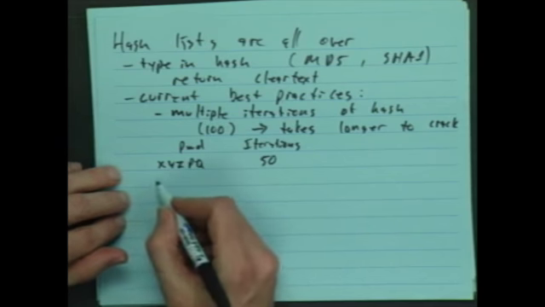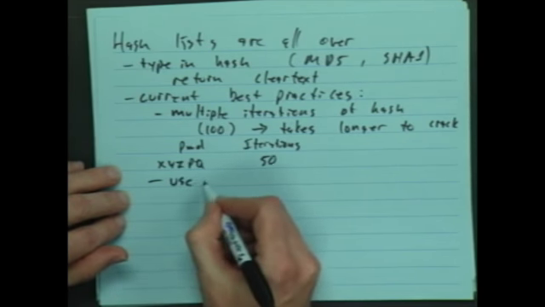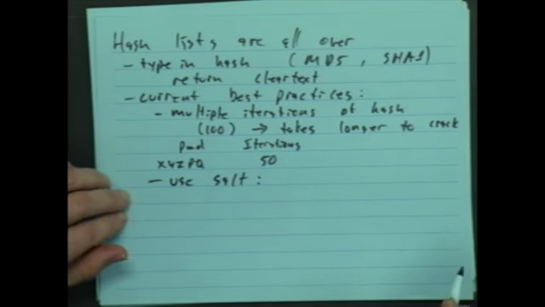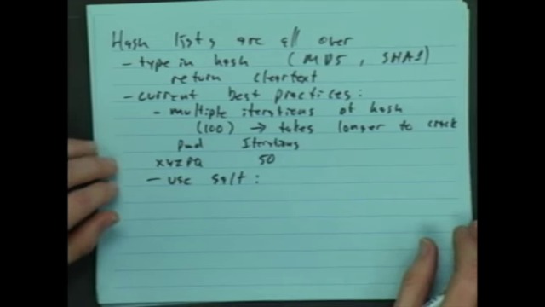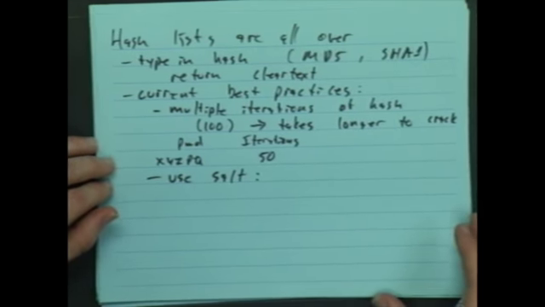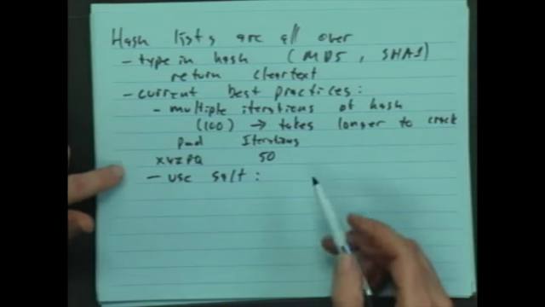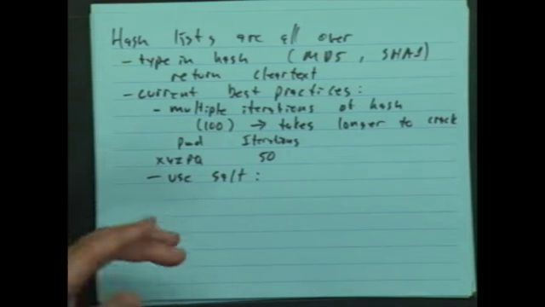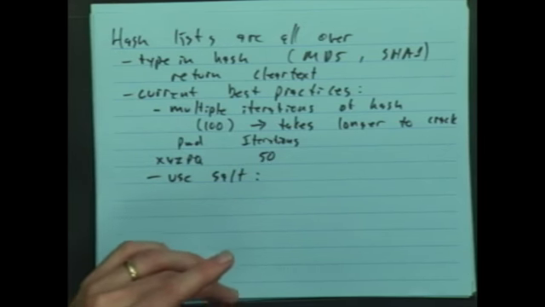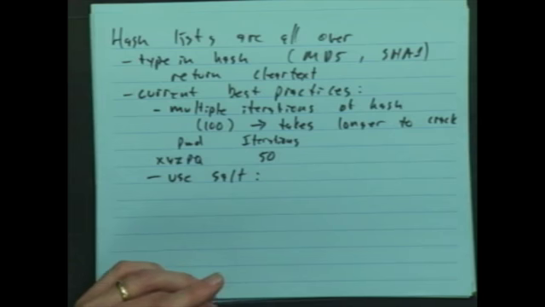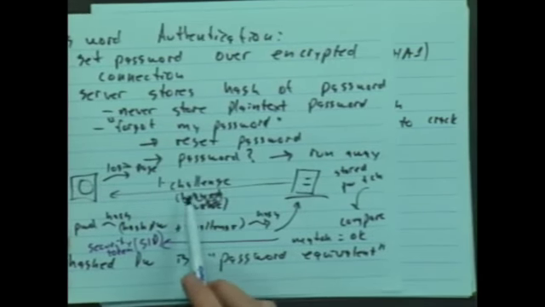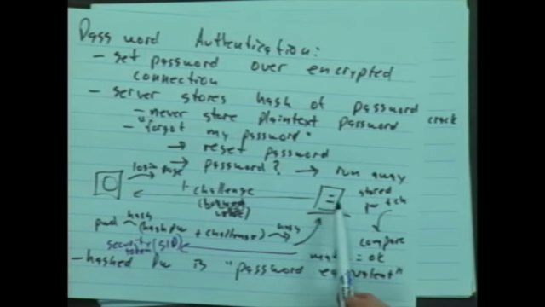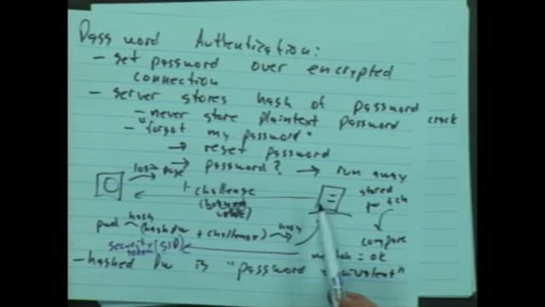The next thing is to use what's called a salt. This is an application. The person that designs the coding in the application, so the authentication code is what does this. This process here, where the challenge and the response, that's the code on your server when you're logging in and verifying it.